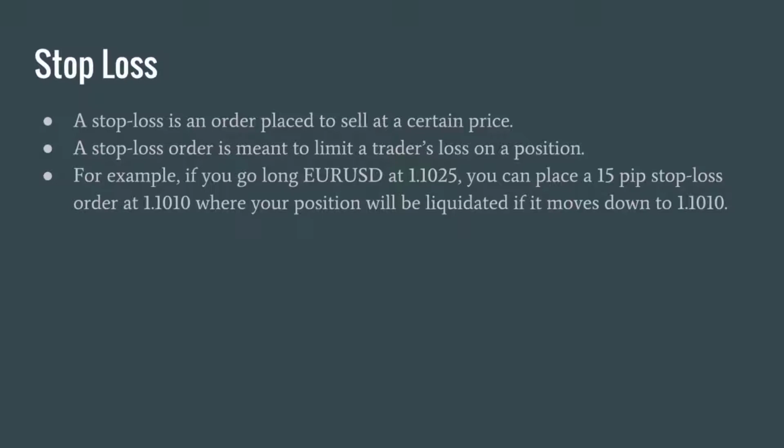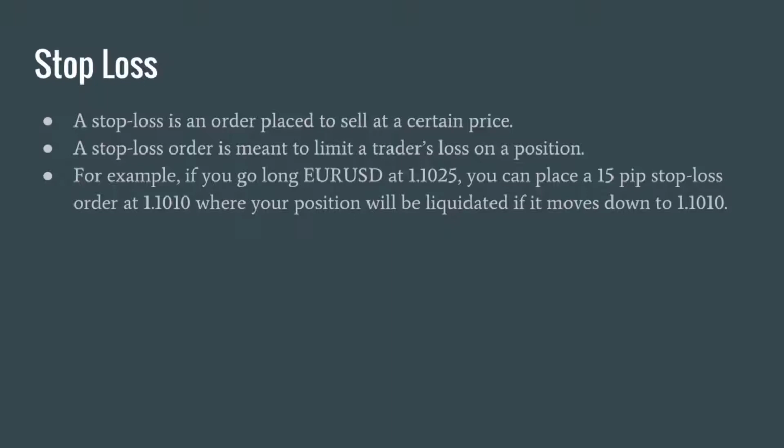For example, if you were to go long euro-dollar at 1.1025, you can place a 15 pip or a 10 pip or a 30 pip stop loss order, and for this example I have a 15 pip stop loss order at 1.1010, where your position will be liquidated if the price moves down to 1.1010. Stop losses are important in Forex trading because they give you the ability to control risk and limit potential losses.